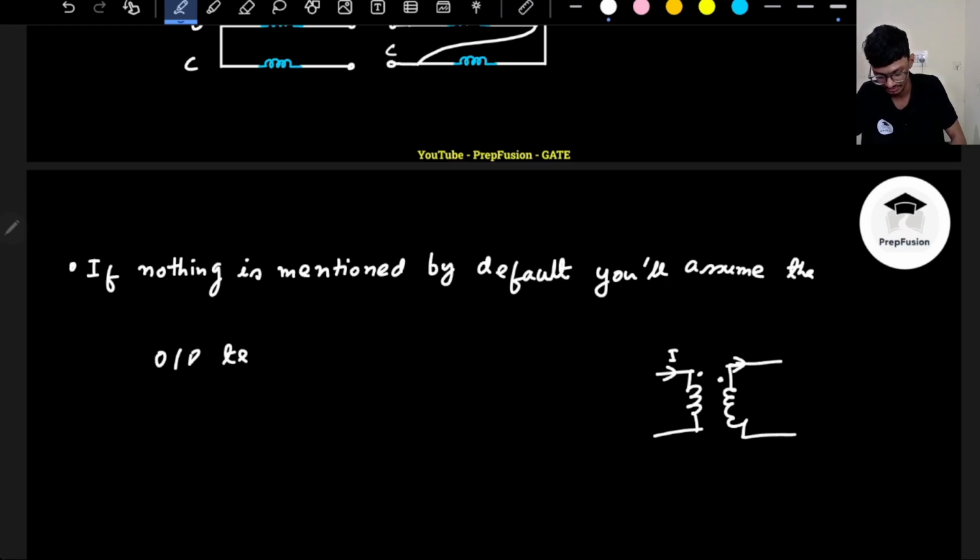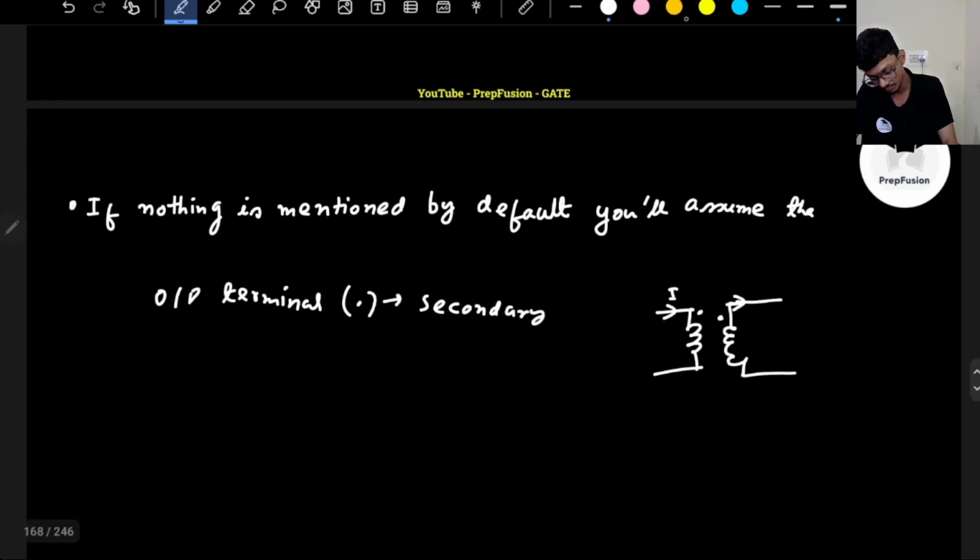Same thing: output terminal to be dot in the secondary side, basically where the load will be connected, and the input terminal to be dot in the primary side.